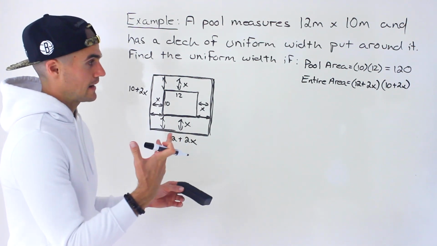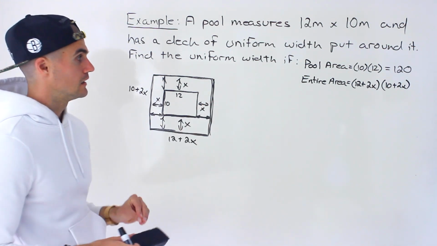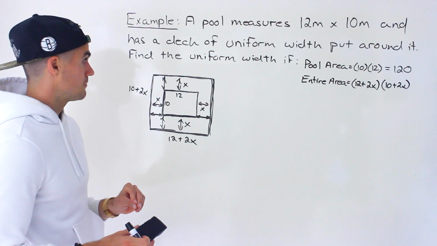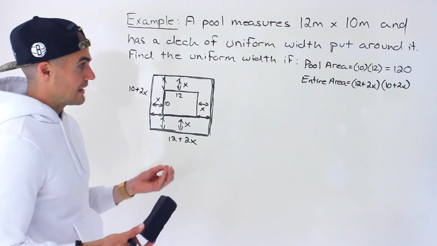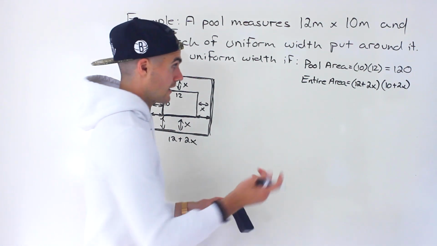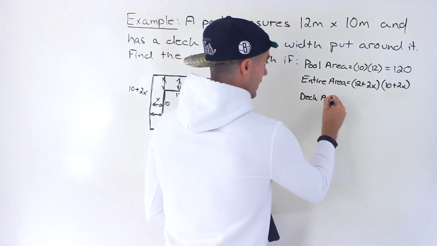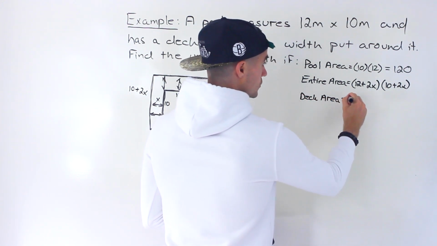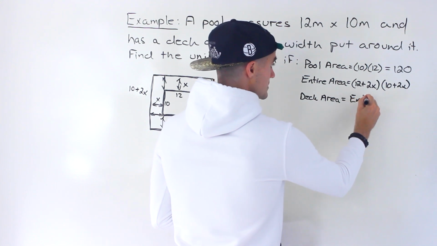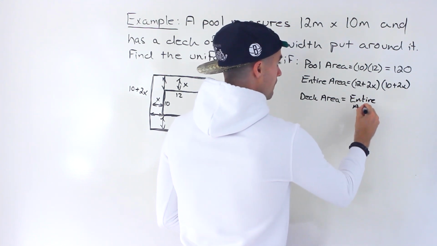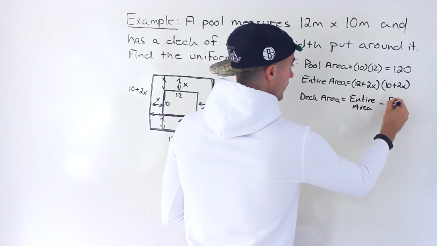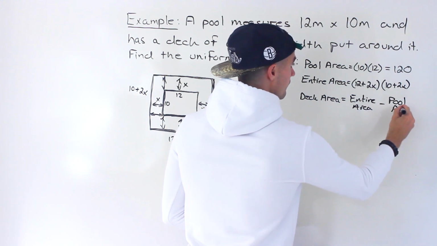And we are going to be expanding it, but I'm just going to leave it in that format right there. And now notice that we can get the expression for the deck area, because the deck area is just going to be equal to the entire area, as I mentioned, minus the pool area.